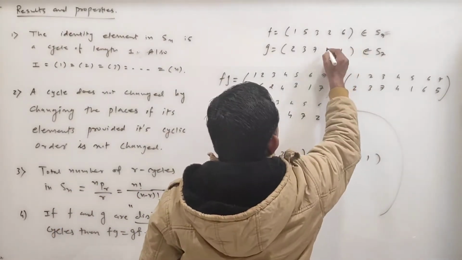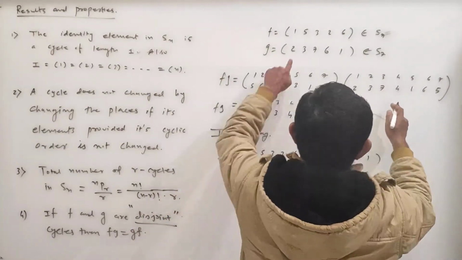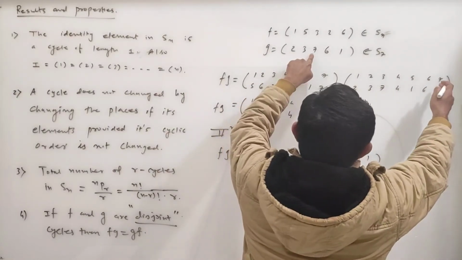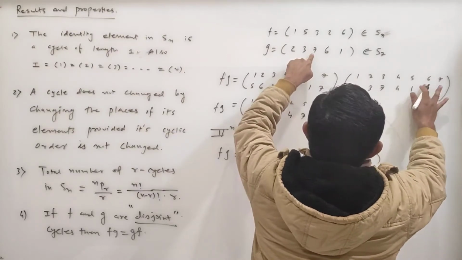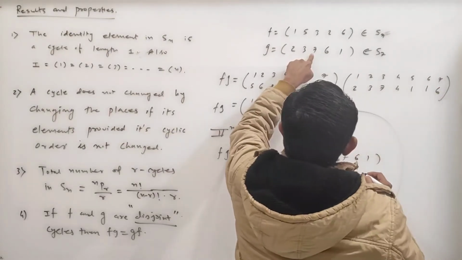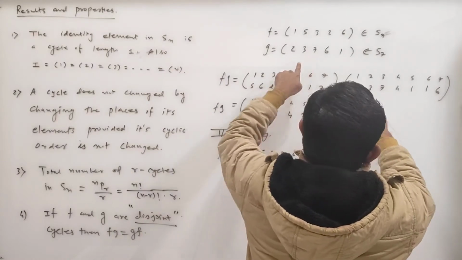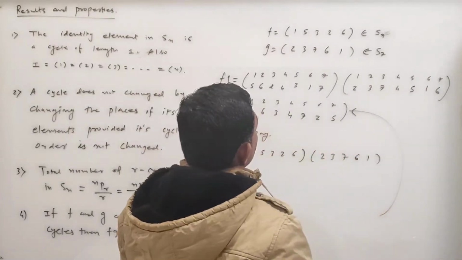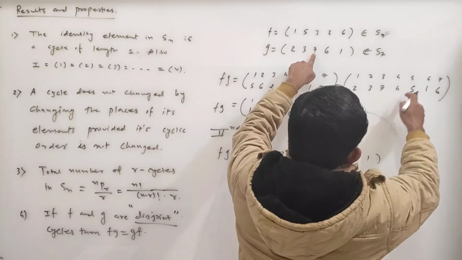Let me consider this 6 and G is what? 6 goes to 2, 2 goes to 3, 3 goes to 7, 7 goes to 6, and 6 goes to 1 and 1 goes to 2. That is fine. So this 5 is missing, right? So 5 as it is. 1, 2, 3, 4 goes to 4, 5 goes to 5.